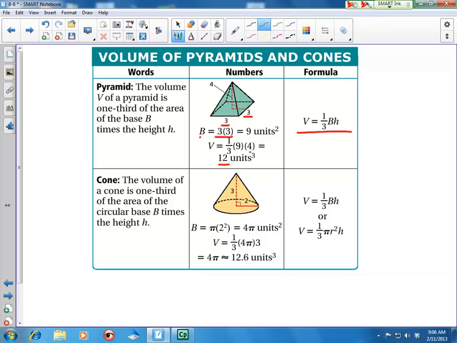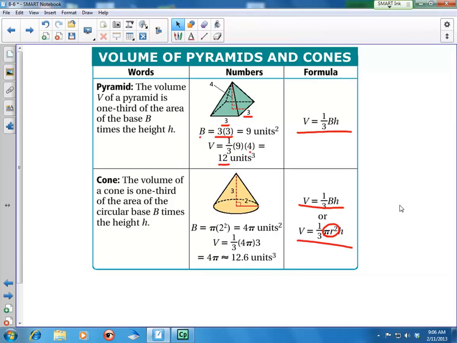So let's take a look at the cone. The cone, again, is the same thing. It's the same formula, 1/3 big B H, and then it says or 1/3 pi r squared h. Why do they put that? Well, if you remember, the area of a circle is pi times radius squared, which is the big B, times the height, times 1/3.